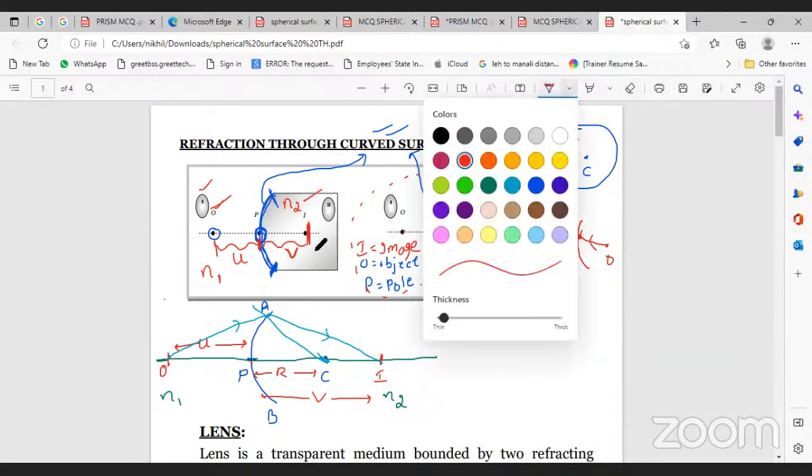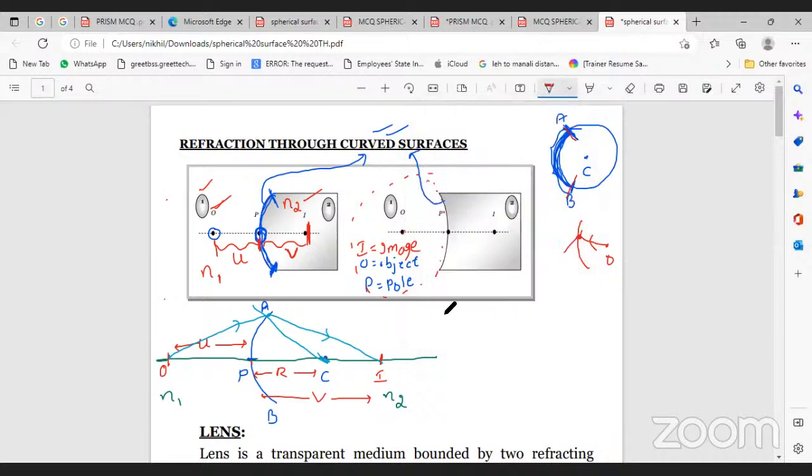Now, there is a relationship between N, U, V, R. What is that relationship between N, U, V, R?